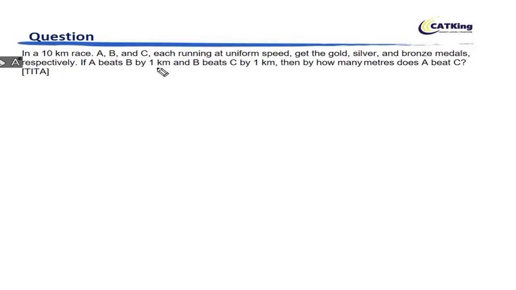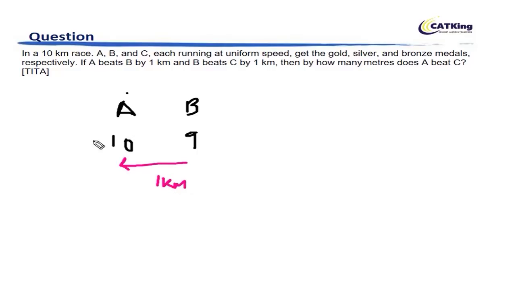Alright, so I hope you have given it a try. Now if you look at A and B, in the same time, when A covers 10 kilometers, B covers 9 kilometers, right? That is why A beats B by 1 kilometer.